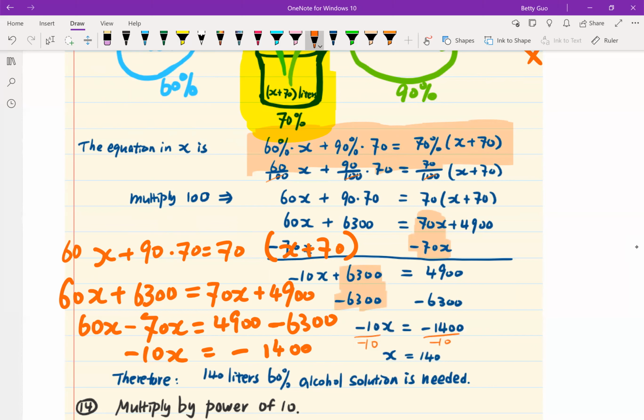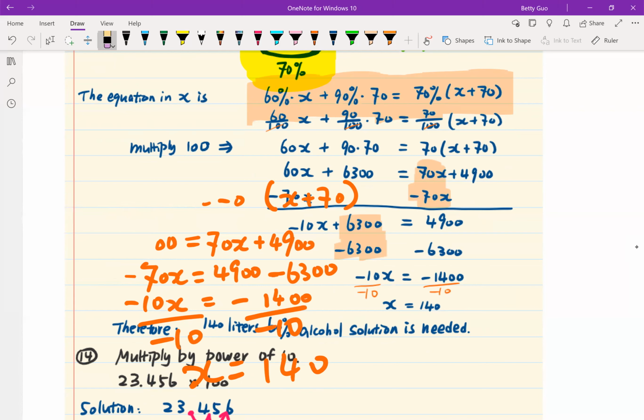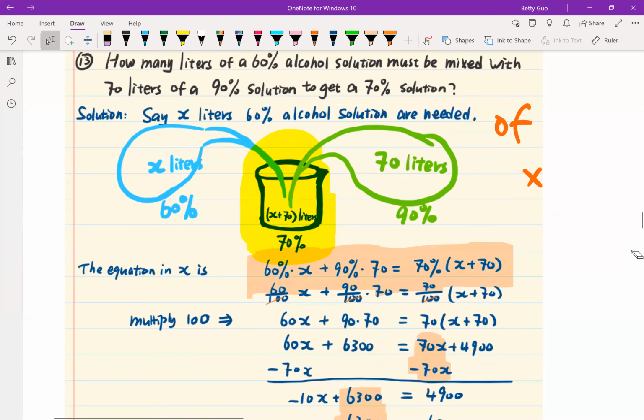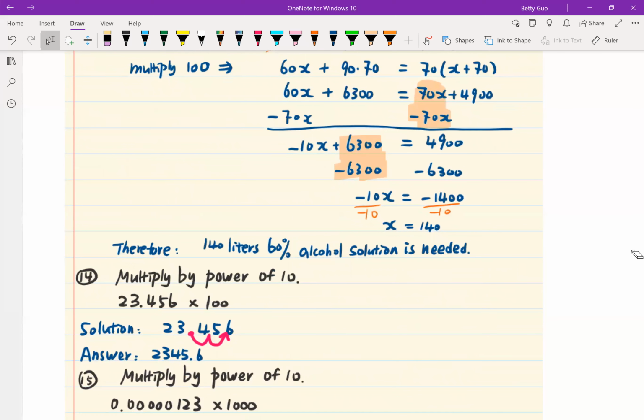You divide both sides by negative 10. You have x isolated on the left. On the right, negative 1,400 divided by negative 10 gives you positive 140. All right, you can pause and repeat. I also have the detailed solution in the note already. So the amount of liters of 60% alcohol in the blue part is 140 liters.